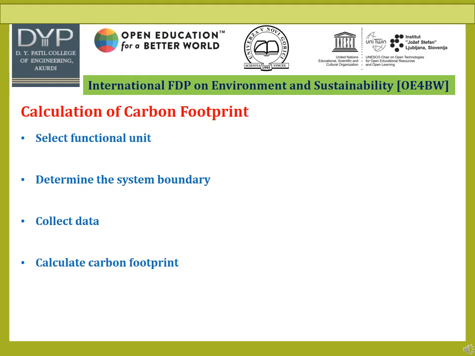The system boundary should be defined so that it indicates the calculation scope for carbon footprint, including the inputs and outputs of materials, energy, and other resources involved in LCA. Third, collect data. Data that need to be collected to calculate carbon footprint include activity data and carbon emission factors in the product life cycle.